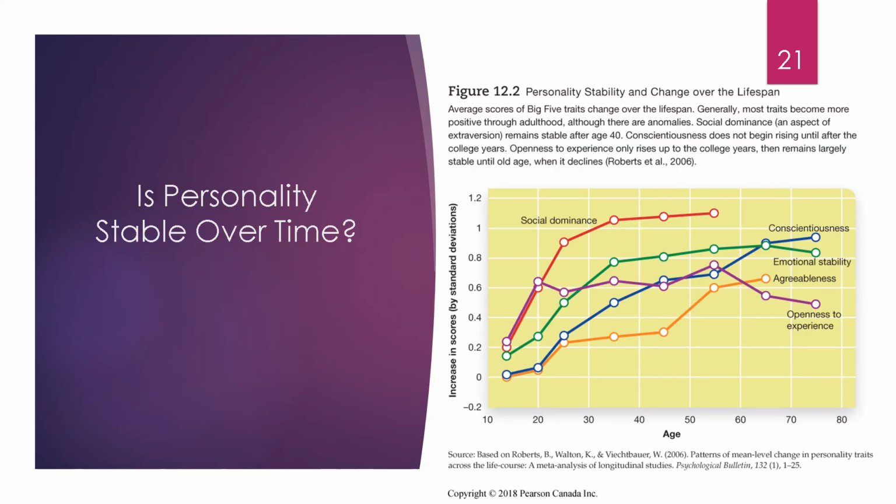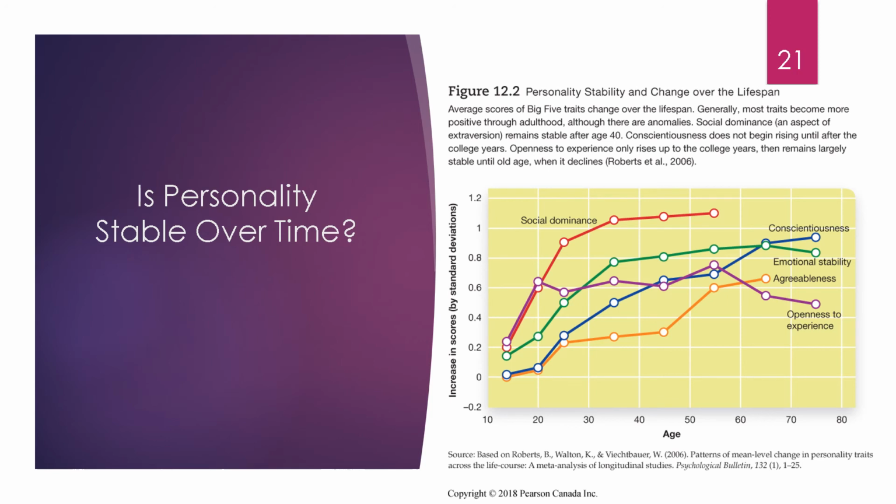So here's a little graph that illustrates personality stability and change over the lifespan. You can see that some typically go up a little bit over time, whereas others decrease a little bit more in some aspects. In this graph, instead of neuroticism, they put emotional stability.